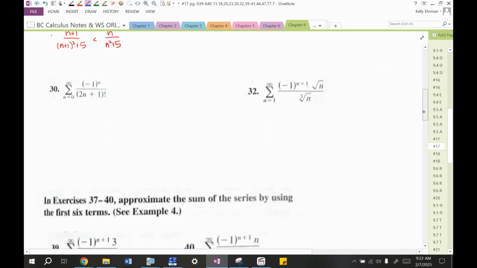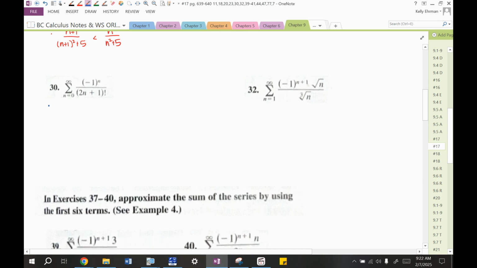All right. Number 30, this one is alternating. It's true, negative 1 to the n. And the limit as n approaches infinity of 1 over 2n plus 1 factorial, that's definitely bottom heavy. So that's 0. And the last thing is to show that the terms would be decreasing.